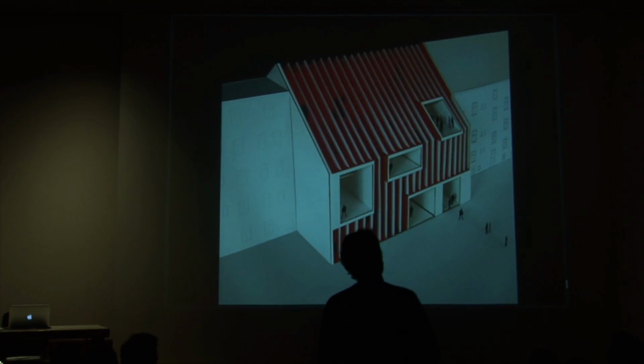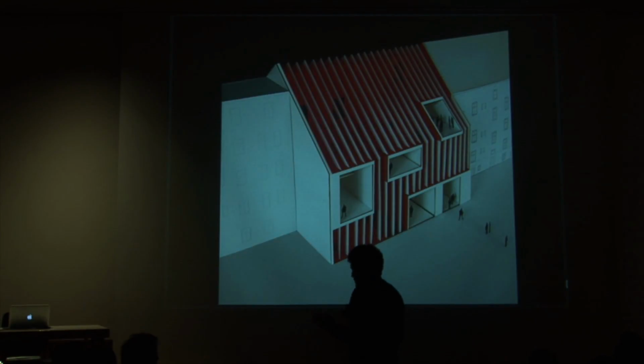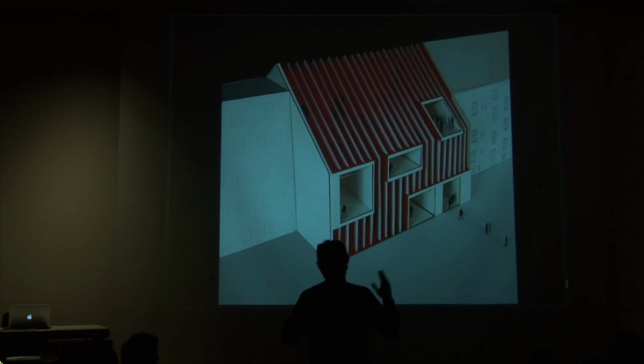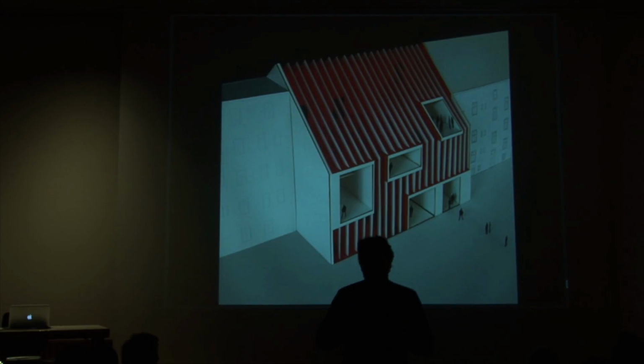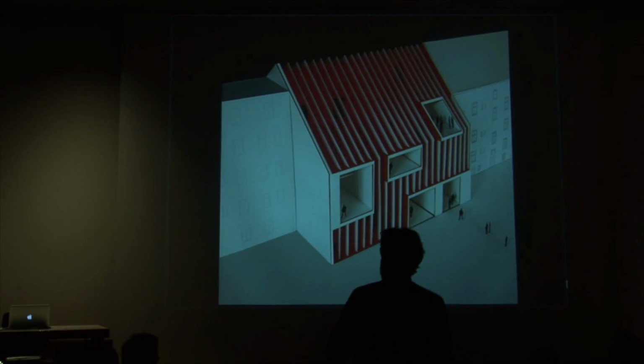So what we did is to analyze the program, and we saw very clearly that that museum had some exhibition spaces as the main part of the program, and then some side parts that were cafeteria, administration spaces, foyer, shop, and storage spaces.